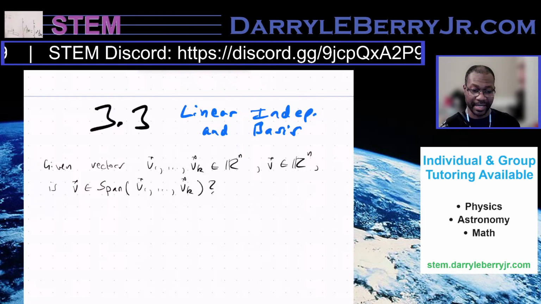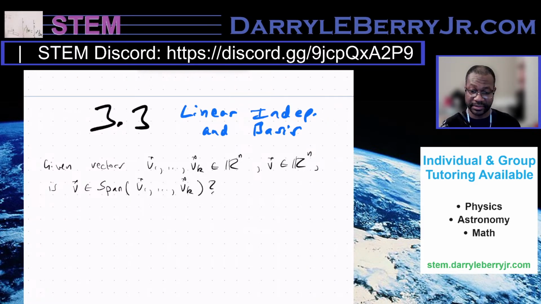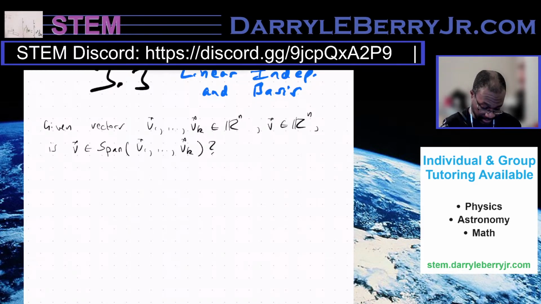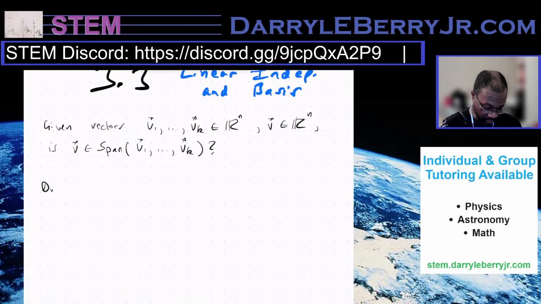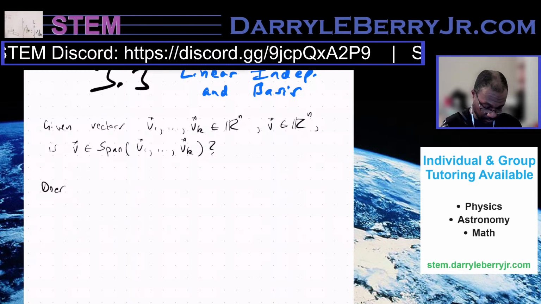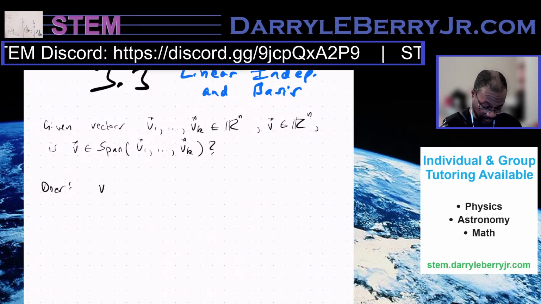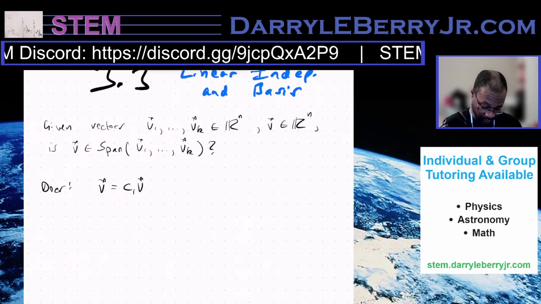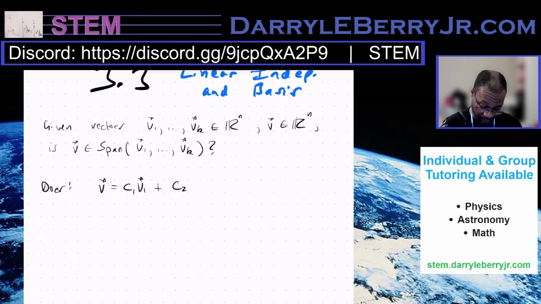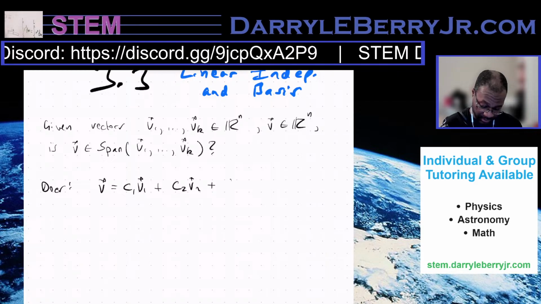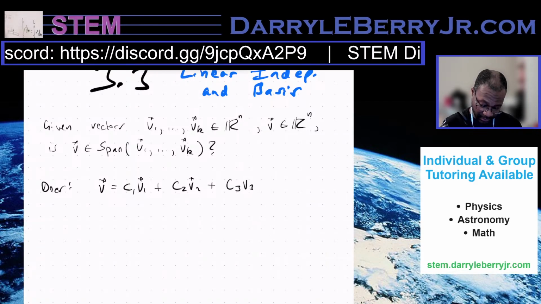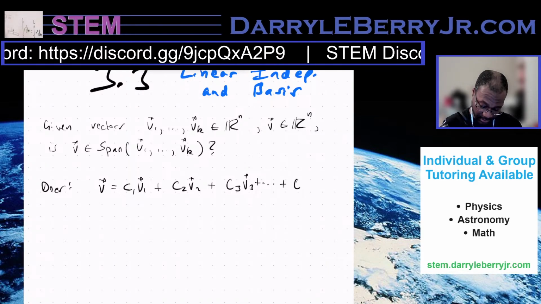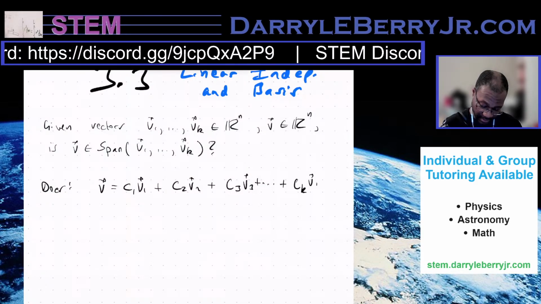And it says, of course, you recognize that this is a question of whether there exist scalars c1 through ck such that, so I'll say, does v equal c1 v1 plus c2 v2 plus c3 v3 on to plus ck vk?